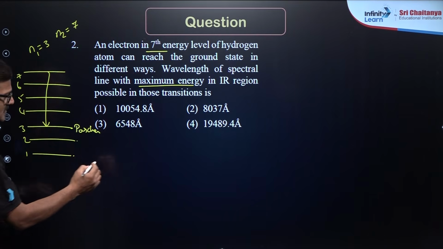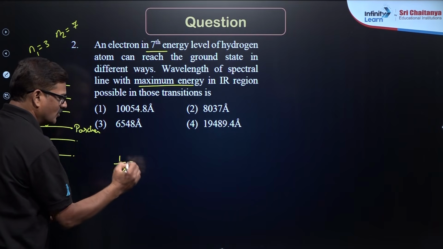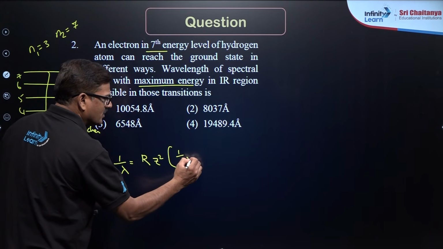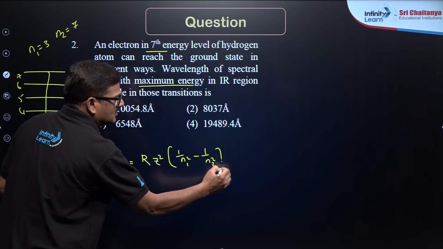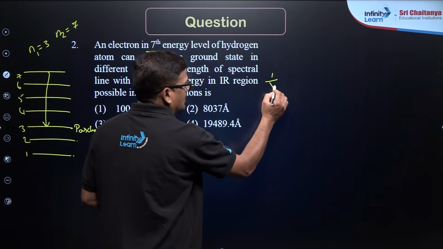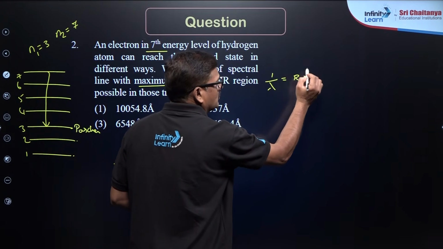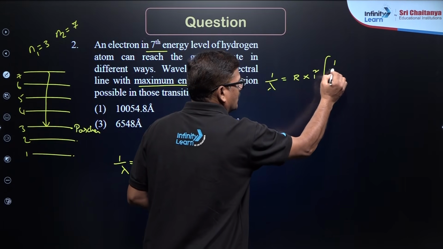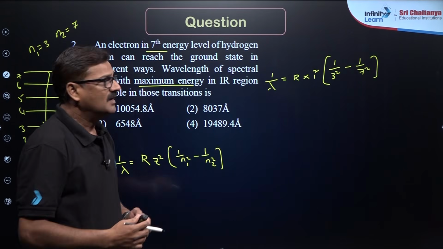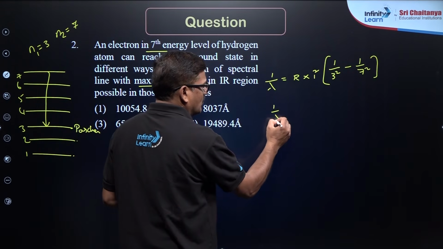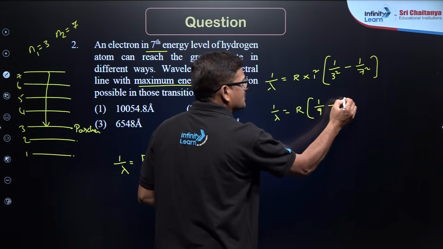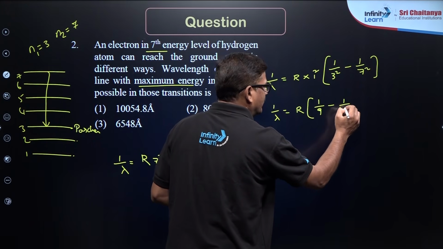And what is this spectral line wavelength? 1 by lambda is equal to R Z square into 1 by n1 square minus 1 by n2 square. This is the Rydberg equation. You can use this: 1 by lambda equals R into 1 square for hydrogen atom, 1 by 3 square minus 1 by 7 square. And you can write this as 1 by lambda is equal to R into 1 by 9 minus 1 by 49.